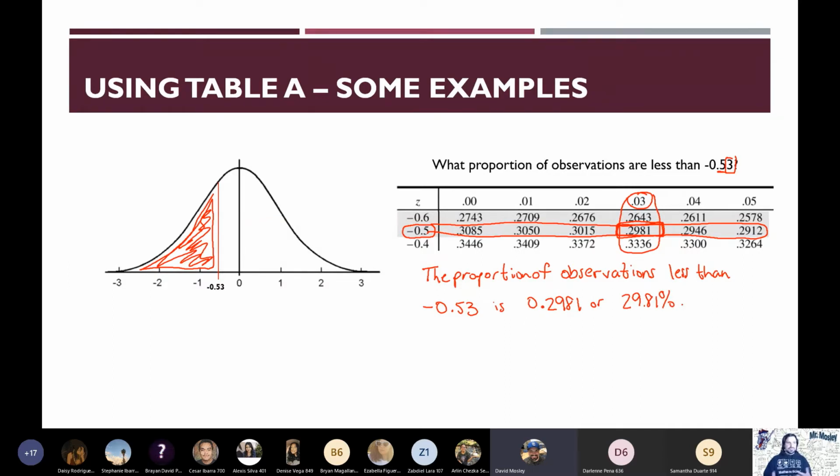So that's how I can use table A to find the proportion of observations, which is essentially the area under the curve where the total area is 1. We have 0.2981. Are there any questions so far? Anything I can clarify or make more sense of?